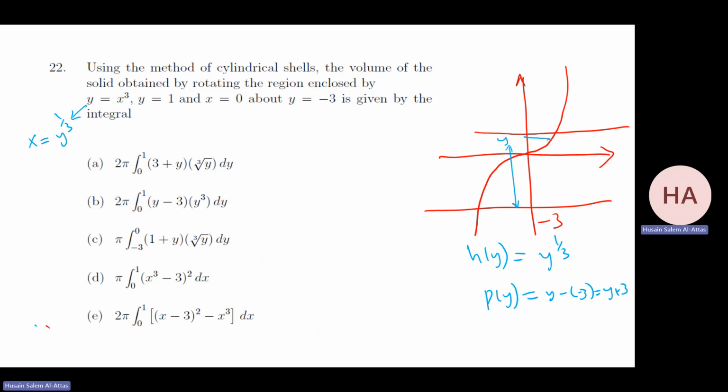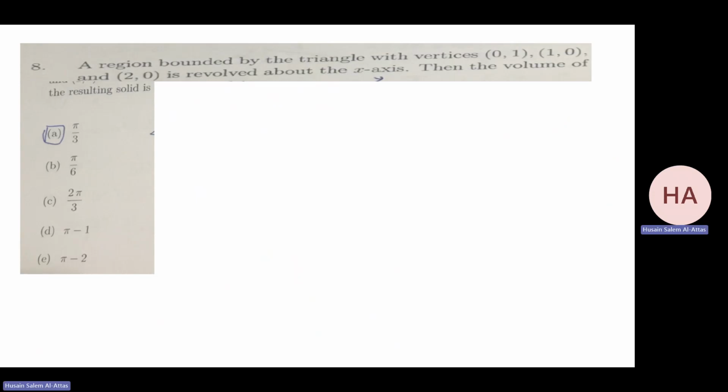The y values go from 0 to 1. So the volume will be 2 pi integral from 0 to 1 of (3 plus y) times the cube root of y, dy, and that will be my answer, which is easy.